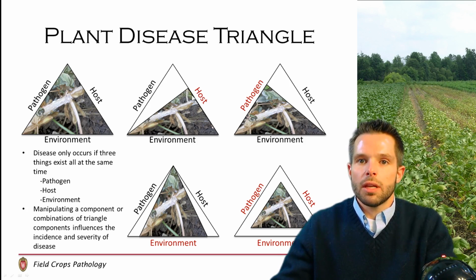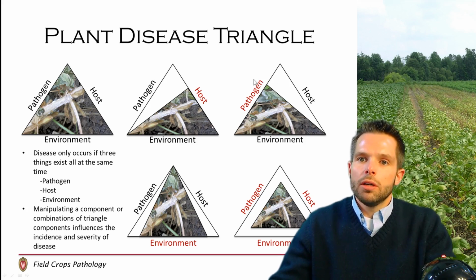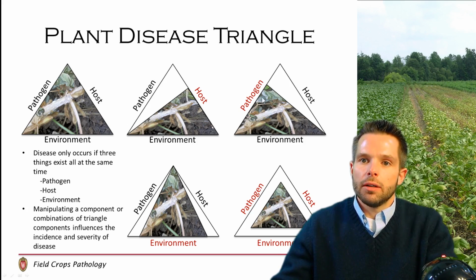So for instance, if we do something here to manipulate the host component, such as deploy genetic resistance, say to soybean cyst nematode, we can shrink the amount of disease in that particular area by changing or manipulating that host. We could also manipulate the pathogen. We could deploy, say, a fungicide application or something of that nature to actually reduce the amount of pathogen affecting a host, and we could also reduce the amount of disease in that area as well.